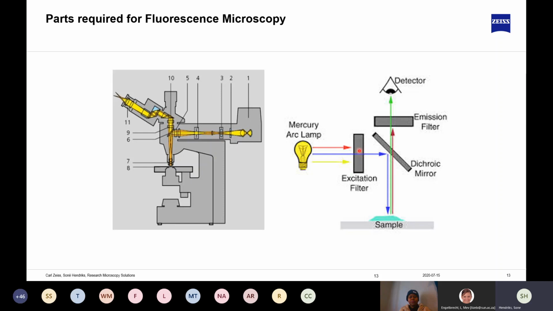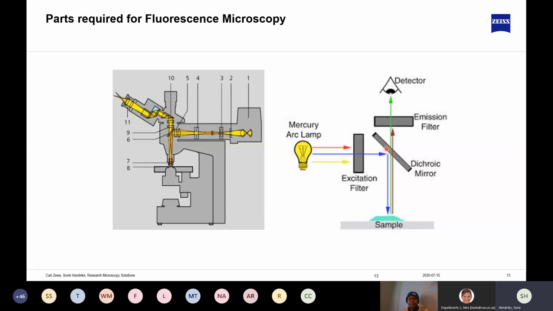The excitation filter allows very specific wavelengths to pass through it, and it would block out wavelengths of your specific choosing. For example, in this particular diagram, we are blocking out light that is longer in wavelength than the blue light or UV light. Only UV light is allowed to pass through the excitation filter.